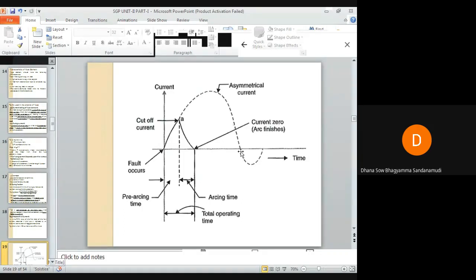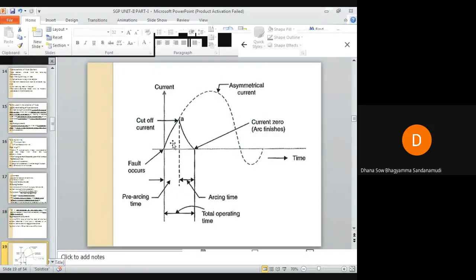This first loop of the fault current will generate sufficient energy to melt the fusible element well before the peak of the first loop is reached. So this is the peak. This is the first loop of the fault current. You can see here, this is the peak of the fault current.